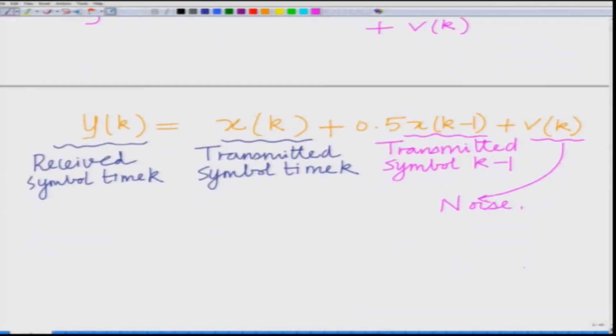Therefore, Xk minus 1 is interfering with the detection of Xk.